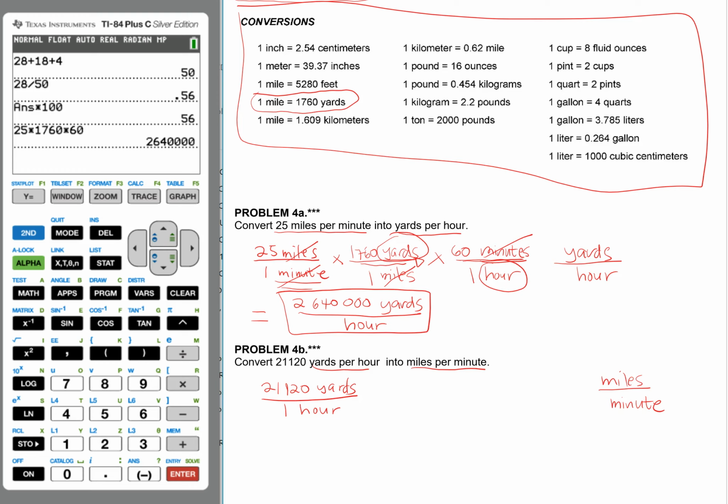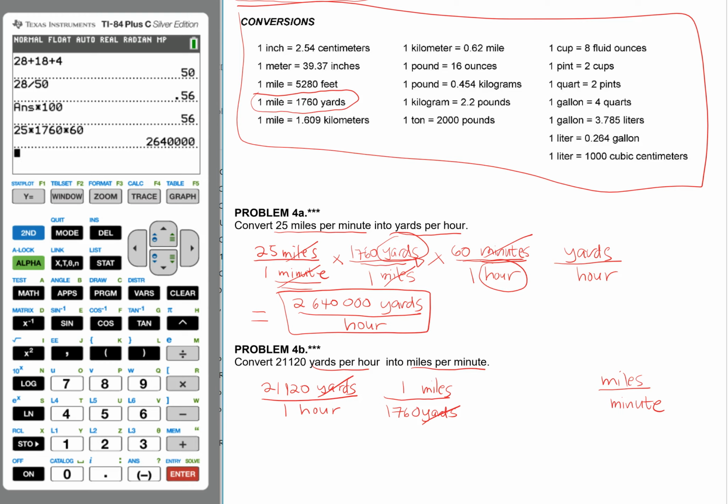So that you'll be able to cancel yards, make sure that on the standard equivalent, the yards should be on the bottom and miles should be on top, so that this will cancel out. Look at the standard equivalent: 1 mile is equivalent to 1,760 yards.